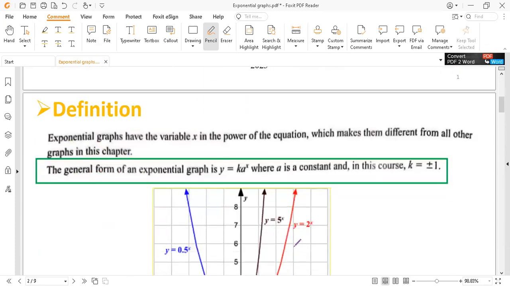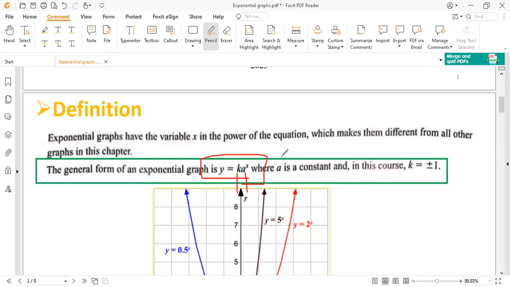First of all, we should know that the general form of an exponential graph is y equal to k a power x, where k and a are constants.